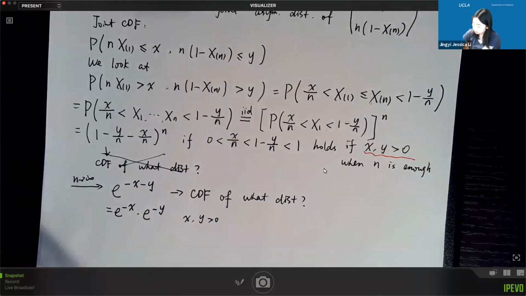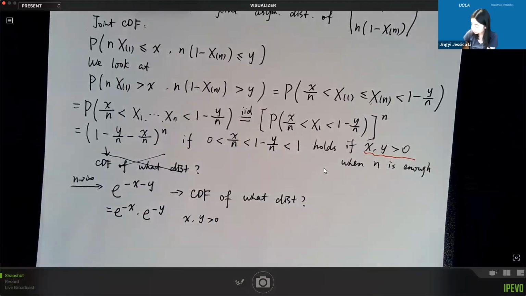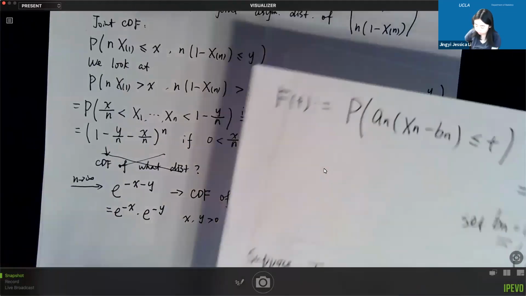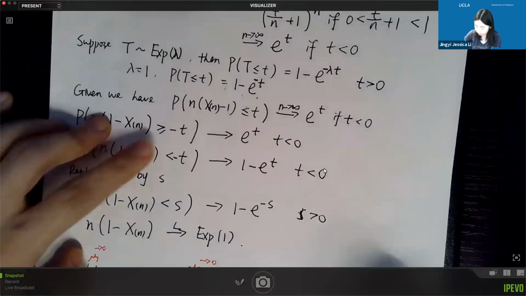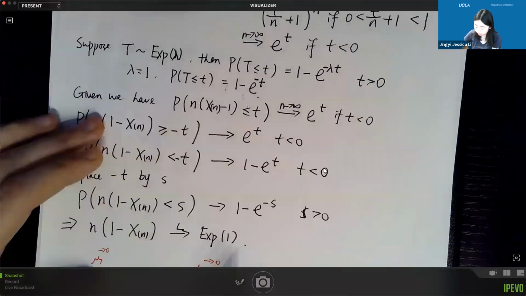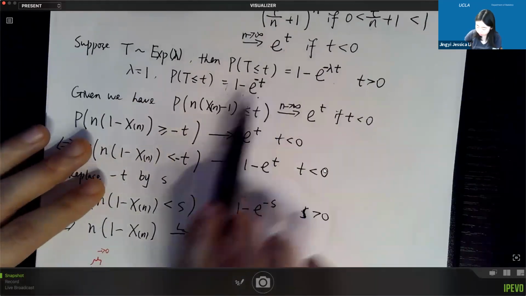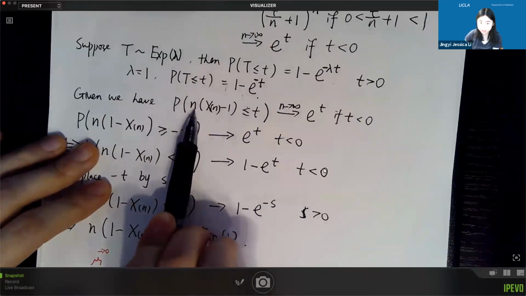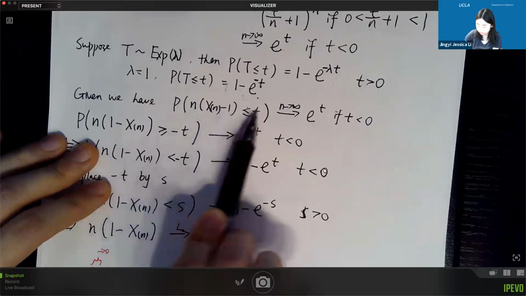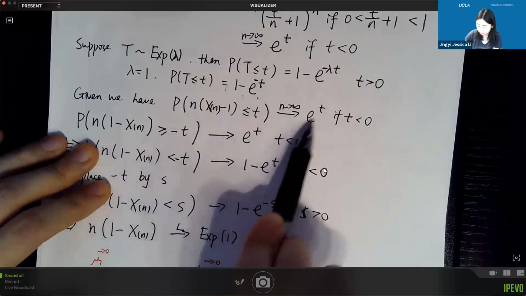So if you recall in our last lecture, we have this right here. The probability of n times x1 less or equal than t, converging to exponential t.